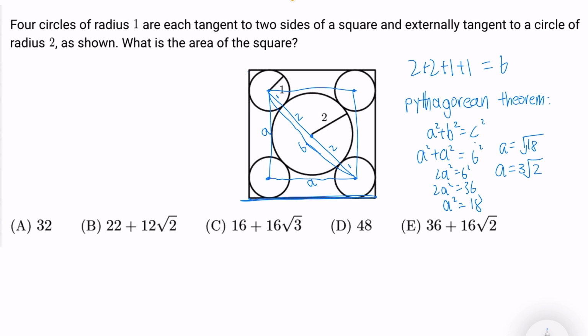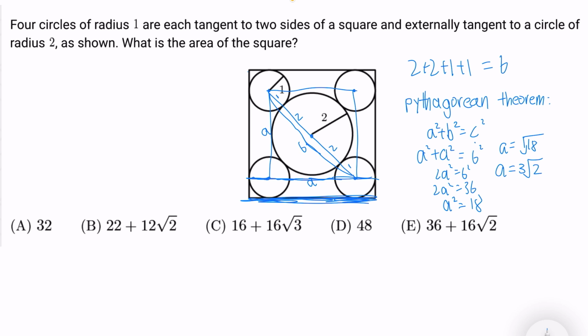So that is the side length of the smaller square. But all we have to do now is add up the radius of the smaller circle, because as we see here, we cannot figure out this line. But keep in mind that this line and this line are the exact same thing, the measurements will be the exact same.